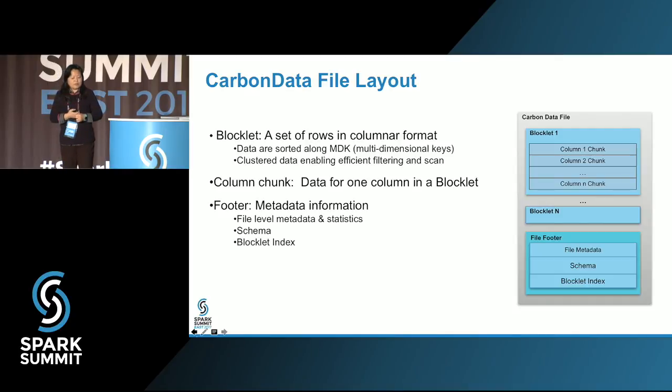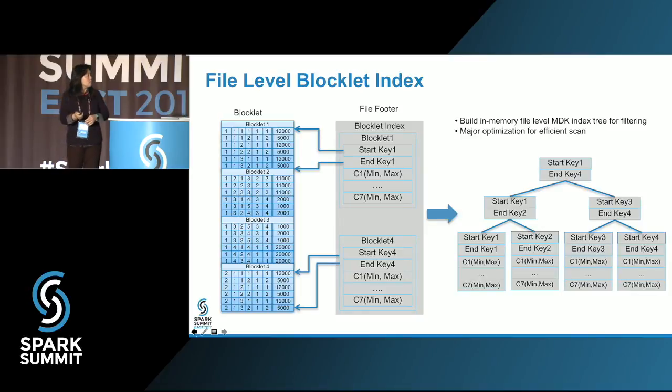At the file footer, we have some metadata information at the file level as well as the schema of the file. The blocklet index, which we're going to talk about in more detail in the next slides, is a file level index that takes advantage of the MDK index we talked about. If we take a closer look at our file level blocklet index, remember at the file footer, we store the file level blocklet index. The block index contains a blocklet index node for each blocklet stored in the file.